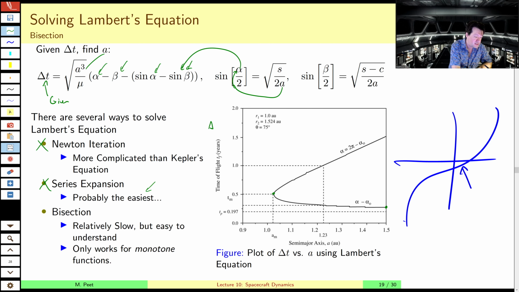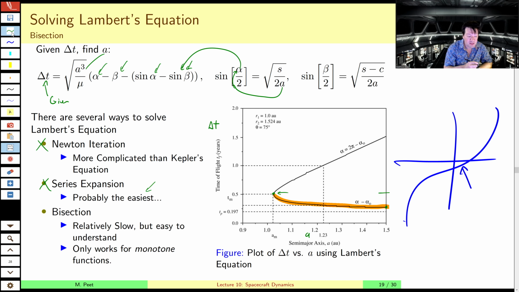Remember, this is delta t as a function of A. So specifically, we're going to have to determine a priori if we're on the upper arc or the lower arc of this curve. We're going to focus on the lower arc in this analysis, but the approach can definitely be reversed to find the upper arc. We focus on the lower arc because those are short duration transfers.